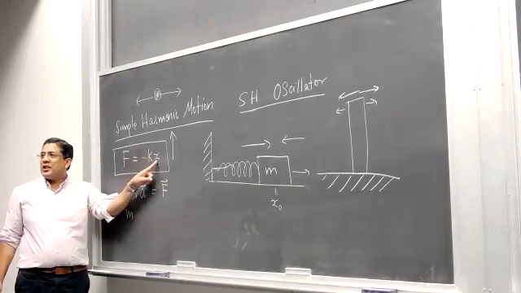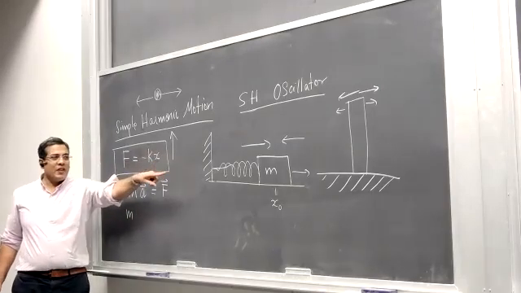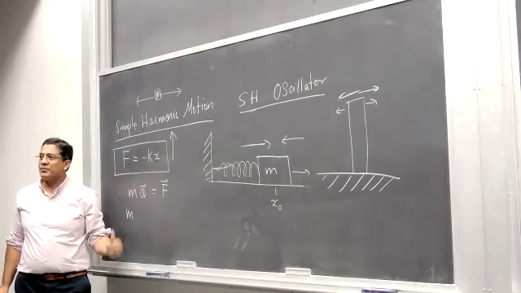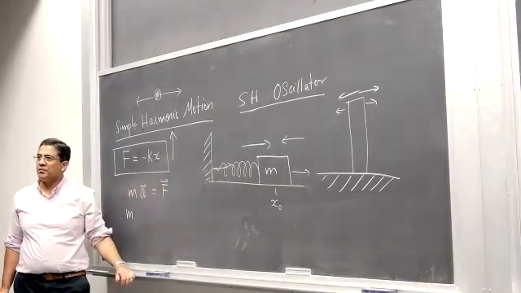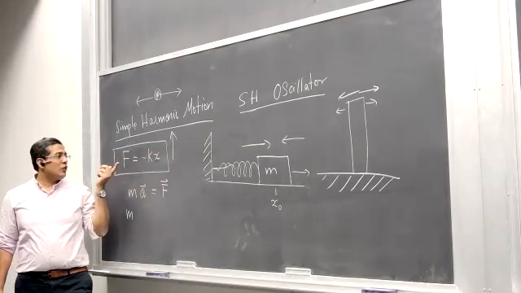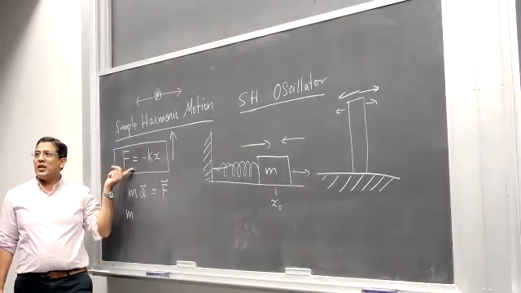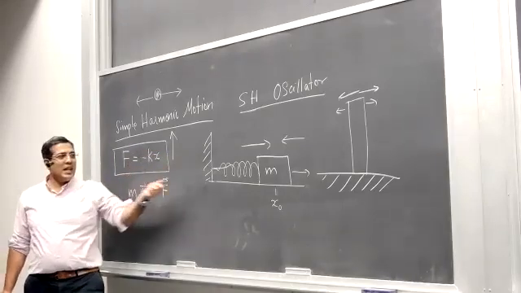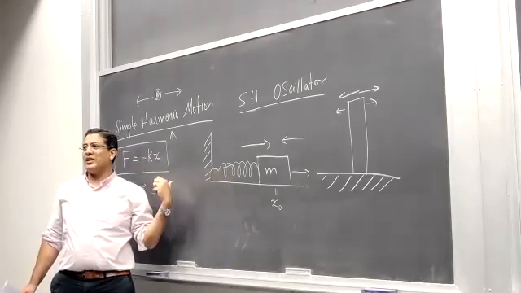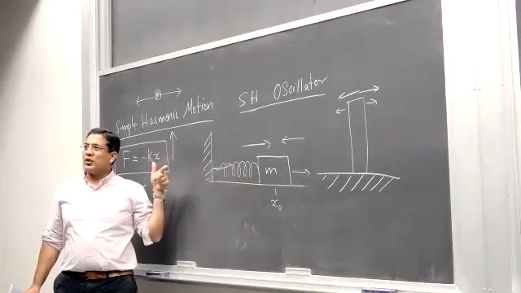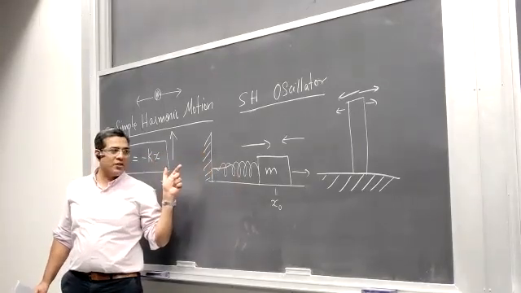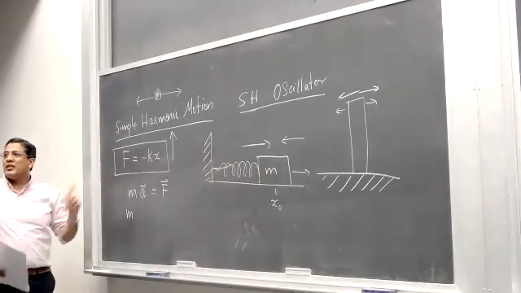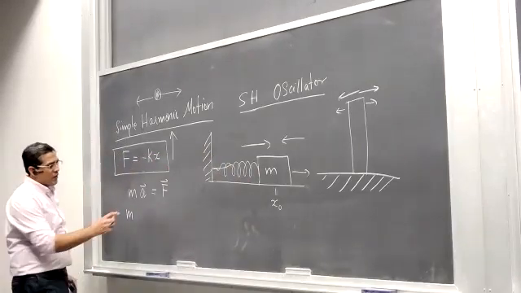If the displacement is on the right side, if I've pushed the block to the right, what is the direction of the force? Towards left. So the force is always countering the displacement, the disturbance. It's trying to bring the object back. And when the displacement is on the left side, then the force is pointing rightward, trying to bring it back to the equilibrium position. So it always opposes the move away from the equilibrium.